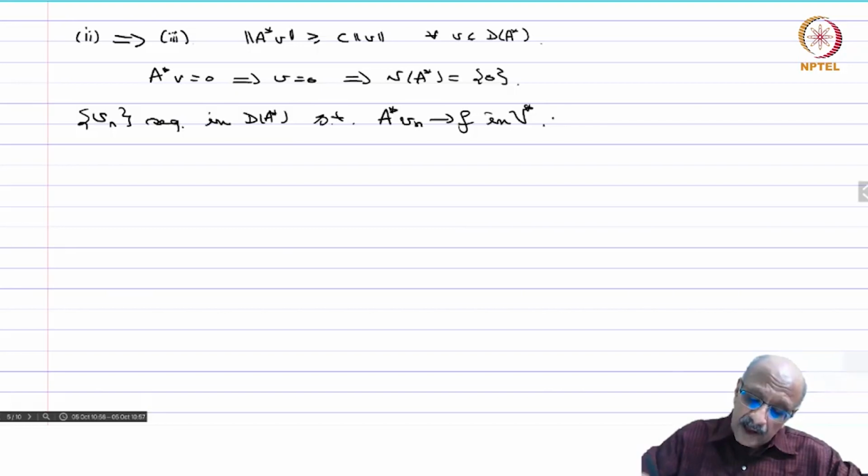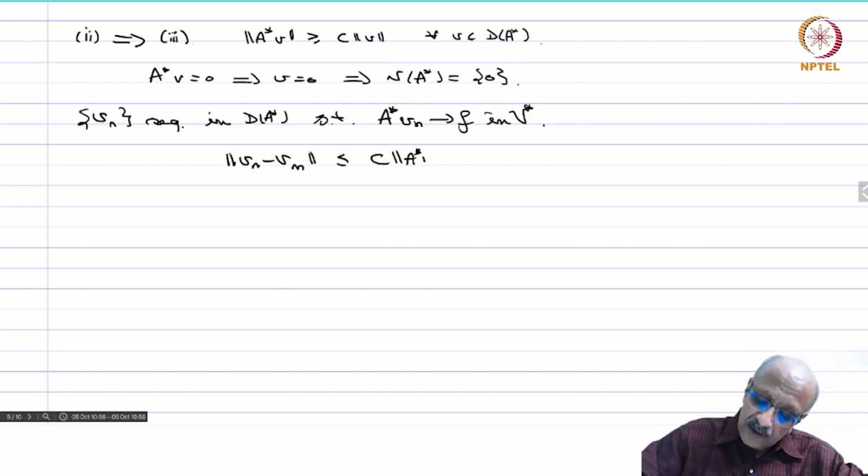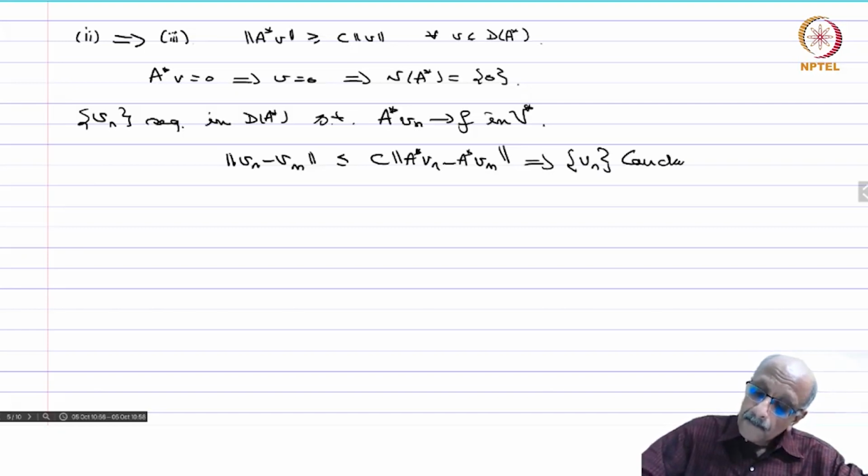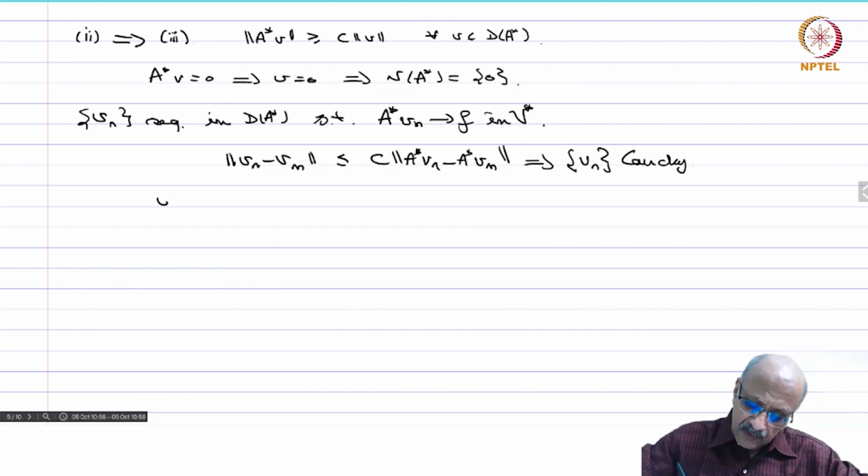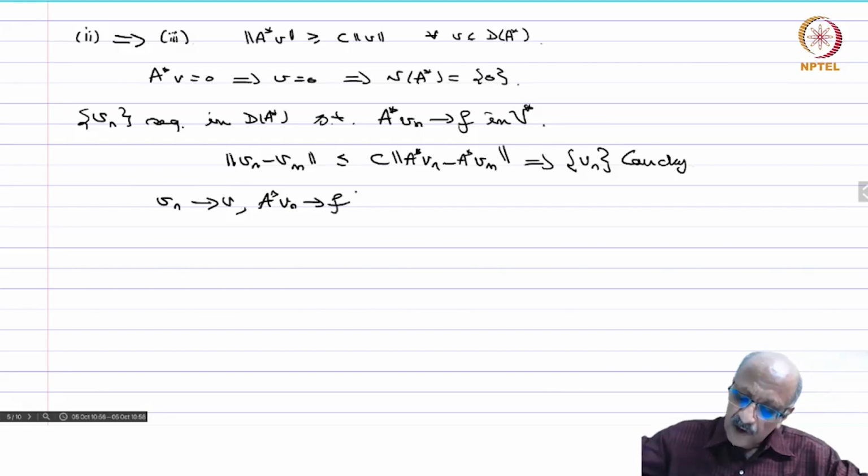Then again by the boundedness below, we have norm of Vn minus Vm is less than or equal to C times norm of A star Vn minus A star Vm. This is Cauchy, so Vn is Cauchy. We are in the Banach space, so Vn converges to some V, A star Vn converges to some F, and A star is closed.